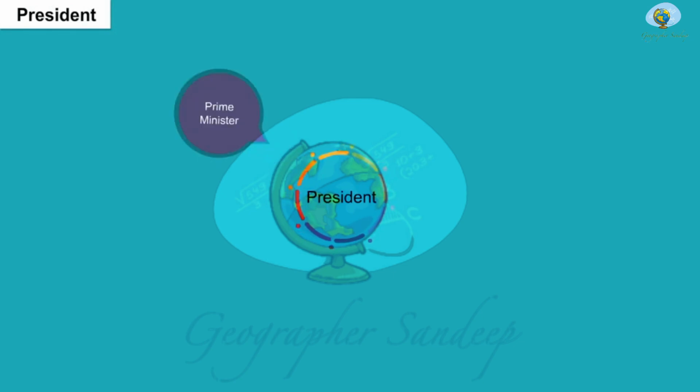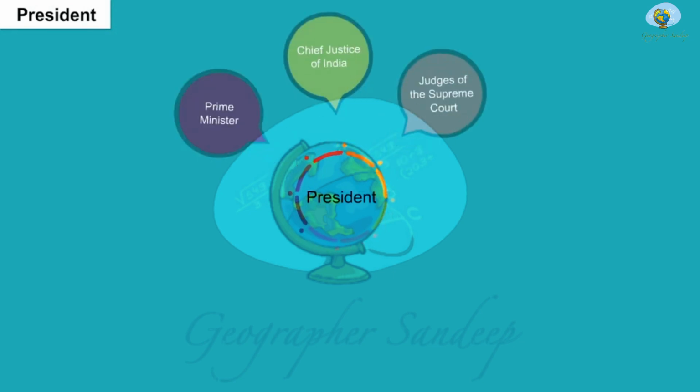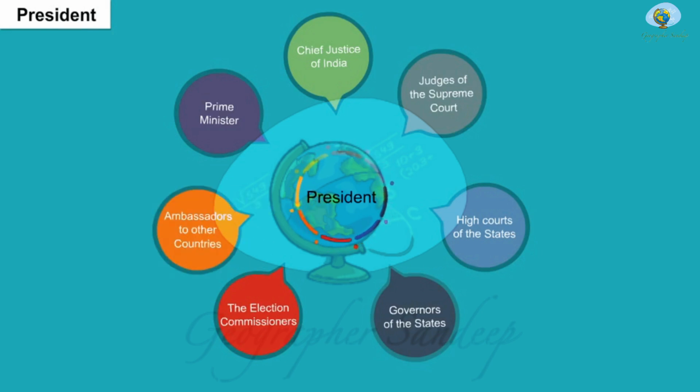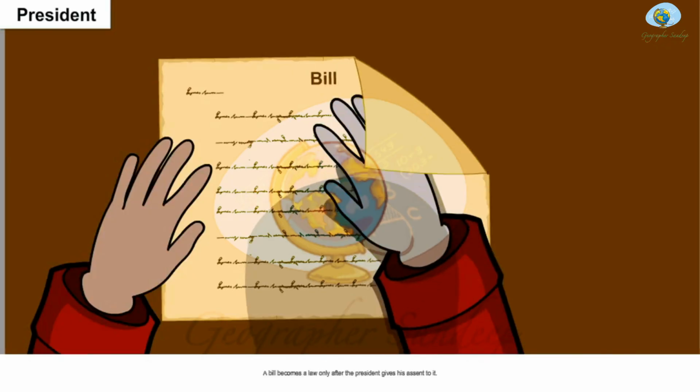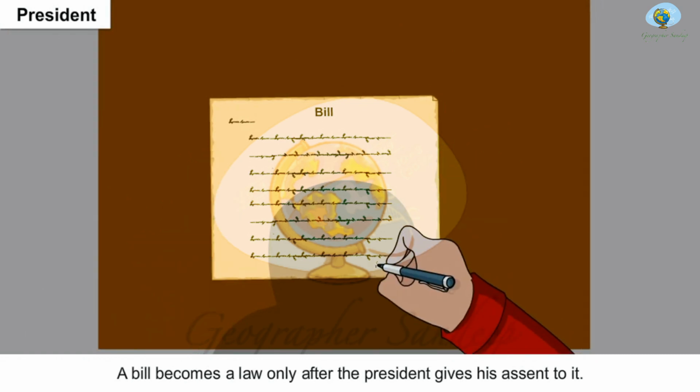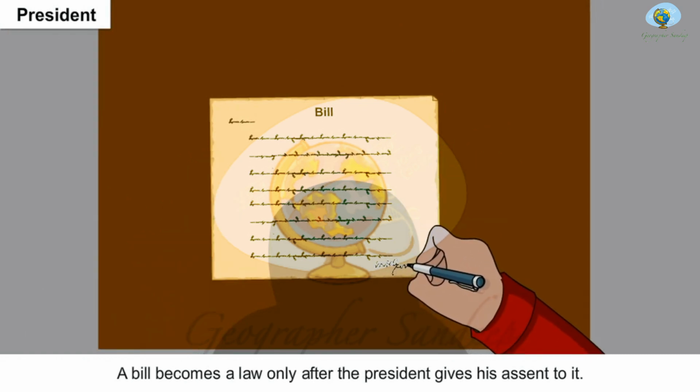He appoints the Prime Minister, the Chief Justice of India, the judges of Supreme Court and the High Courts of the states, the governors of the states, the election commissioners, ambassadors to other countries, etc. A bill becomes a law only after the President gives his assent to it.